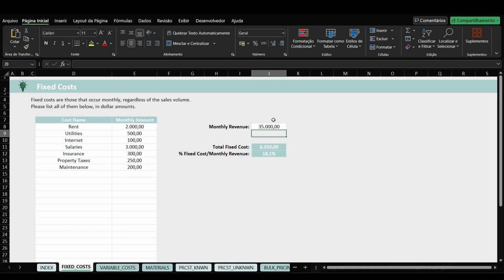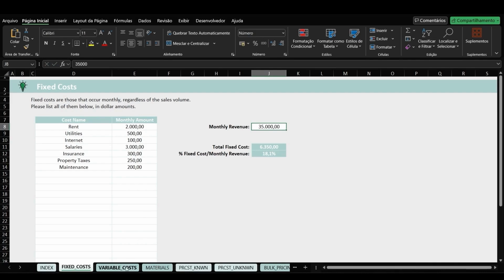In addition to the fixed cost, you should input your monthly revenue here, meaning what your average monthly earnings are. I put in $35,000. You need to see what yours is and input it here, because with this information, the spreadsheet will find a percentage that should be added to the selling price to ensure that your selling price includes a composition of fixed costs.